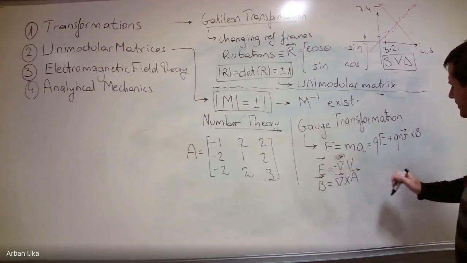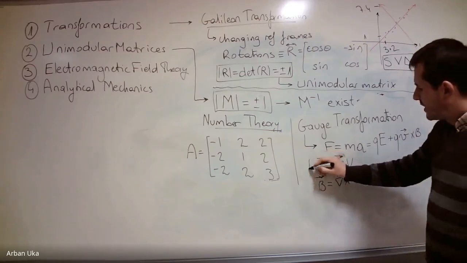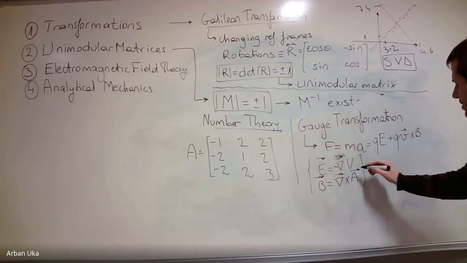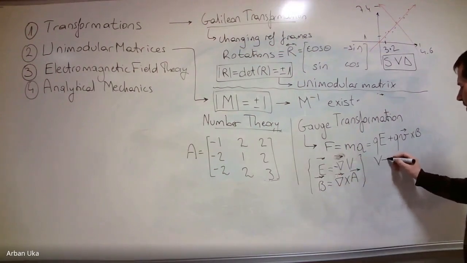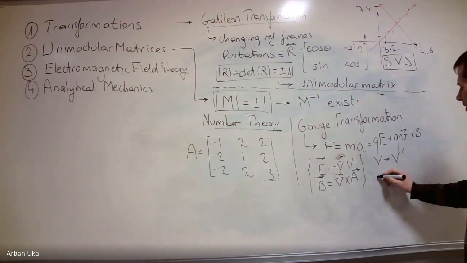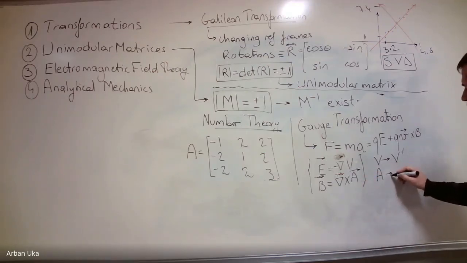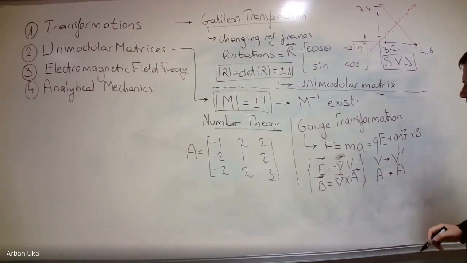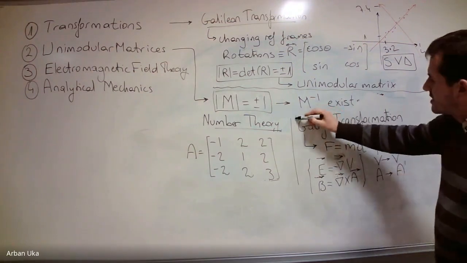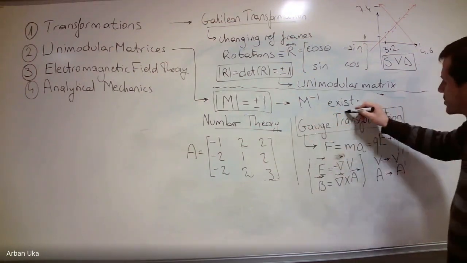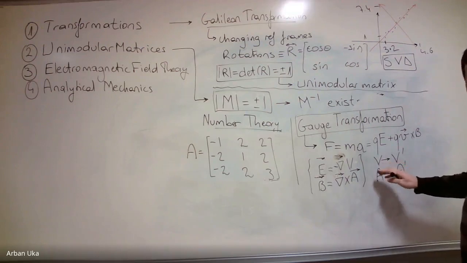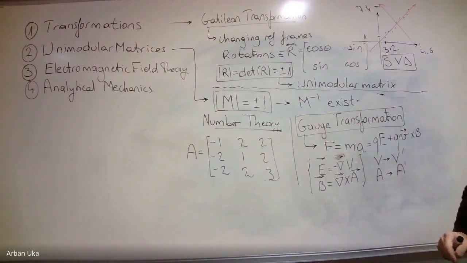And this is the magnetic field, fine. Now what we can do is change this potential V into a new potential V prime, and this magnetic vector potential into some A prime, and these are done by this type of gauge transformation, and the physics or the equations of motion will be the same.